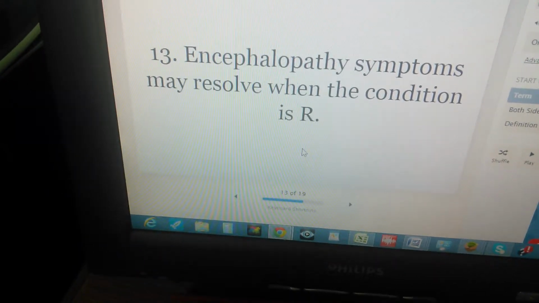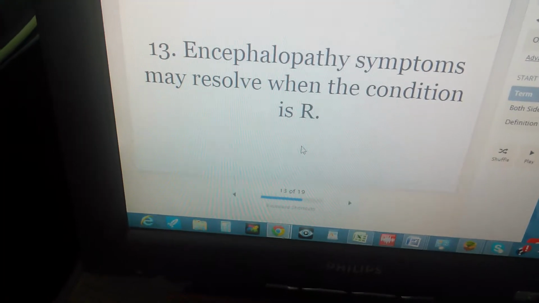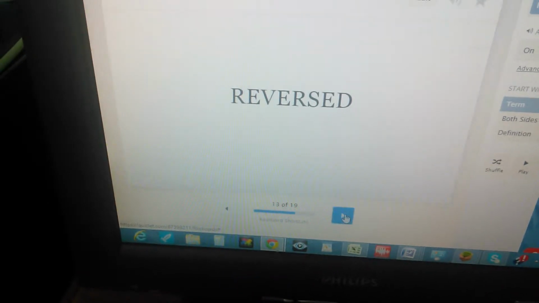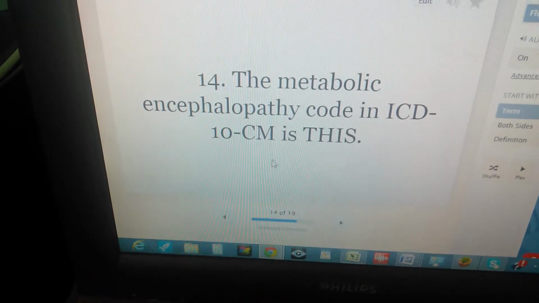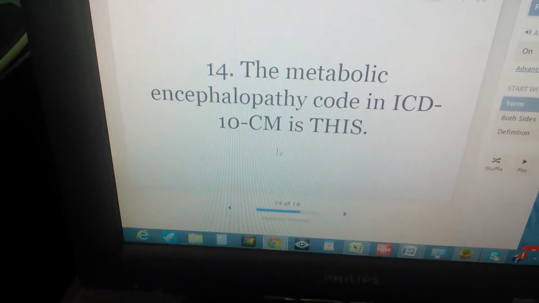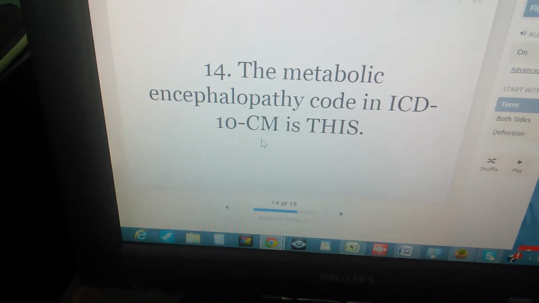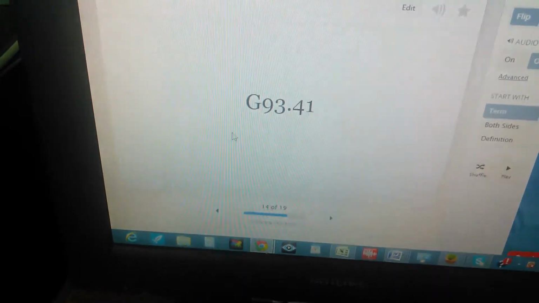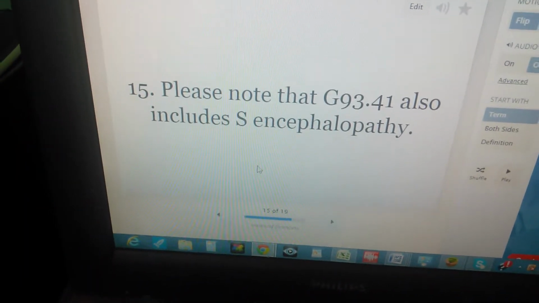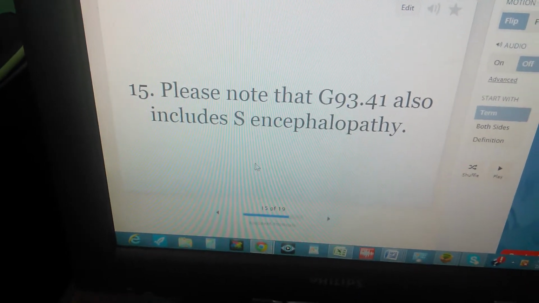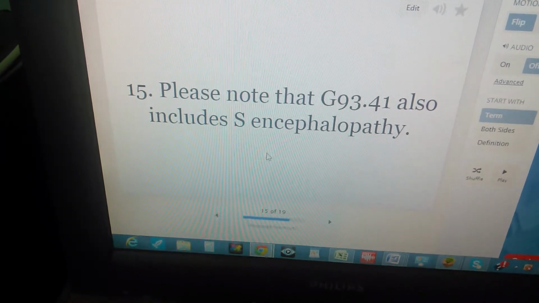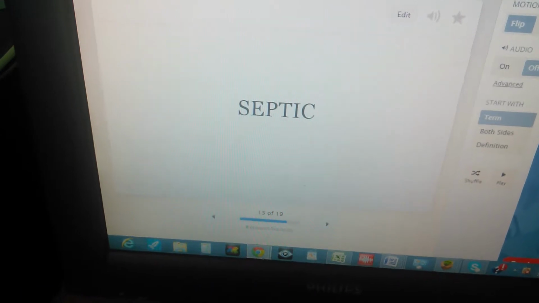Encephalopathy symptoms may resolve when the condition is R... Reversed. 14. The metabolic encephalopathy code in ICD-10 CM is this: G93.41. 15. Please note that G93.41 also includes S... encephalopathy. Septic encephalopathy.